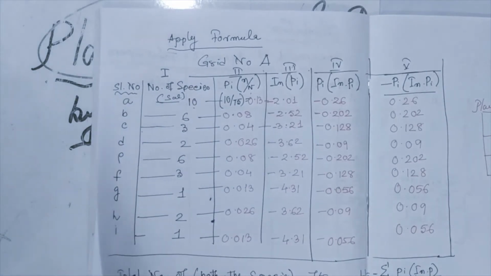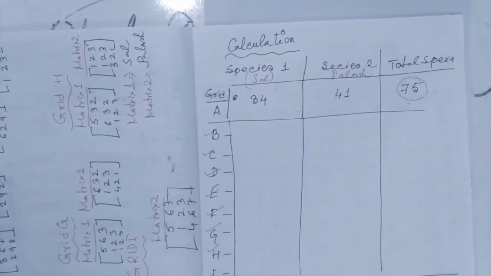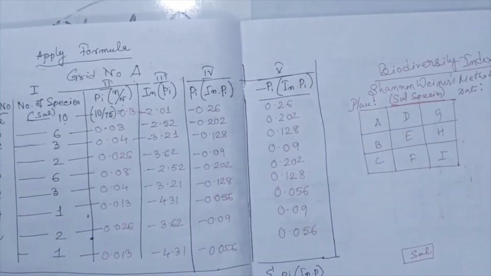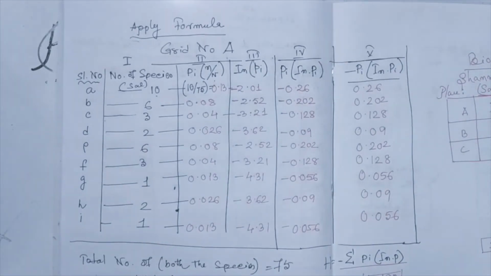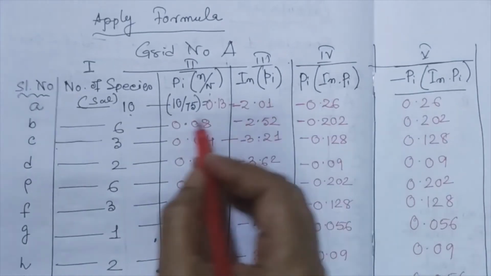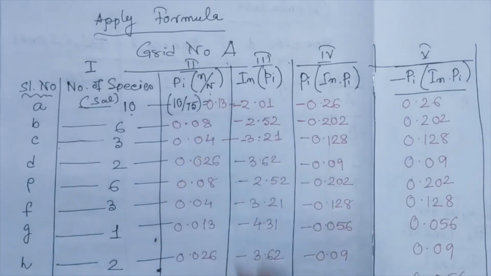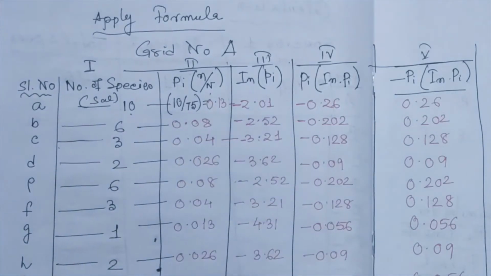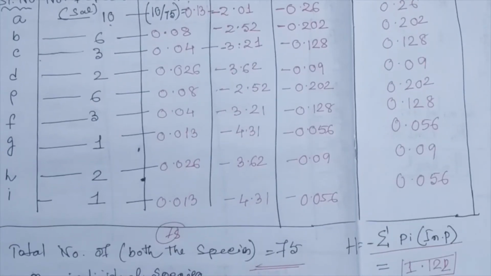On the last page I calculated the total number of species of the particular grid is 75. Then you have to calculate n divided by capital N, 10 divided by 75, because the total number of species is 75 for grid number A.